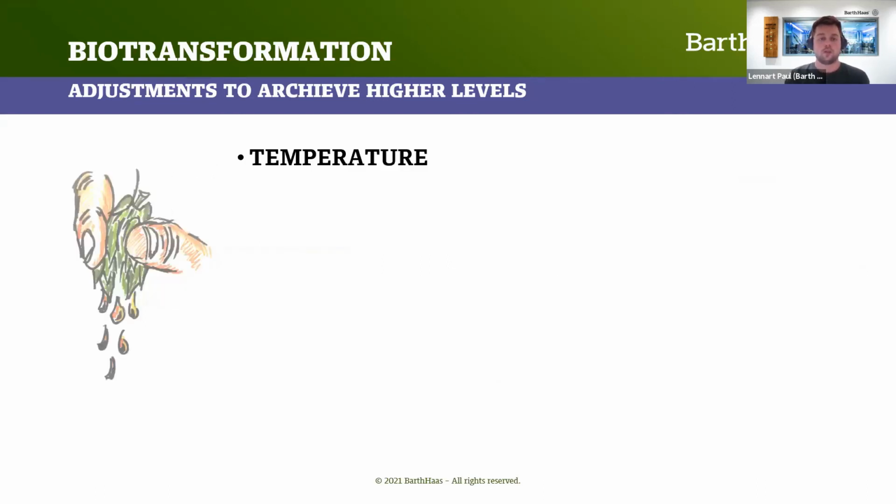All right, now we're heading more to the adjustment of the process. So the temperature of your fermentation, of course. This is nothing new, that if you're increasing the temperature, you will get a faster process, because you probably all know the rule of thumb: when you're increasing the temperature by 10 Celsius or Kelvin, the reaction speed is doubled.